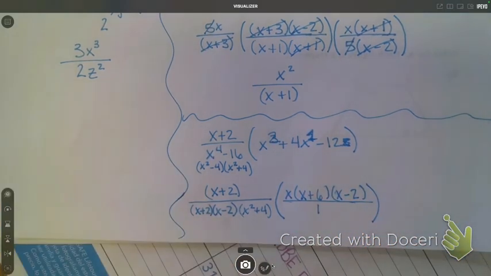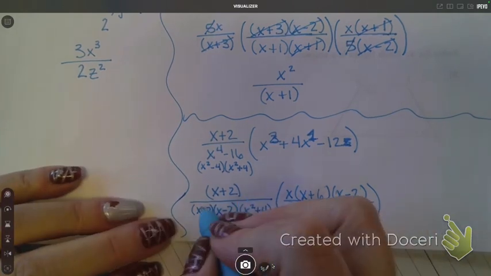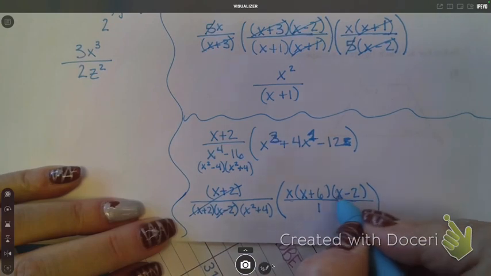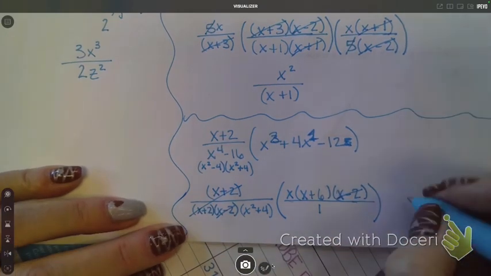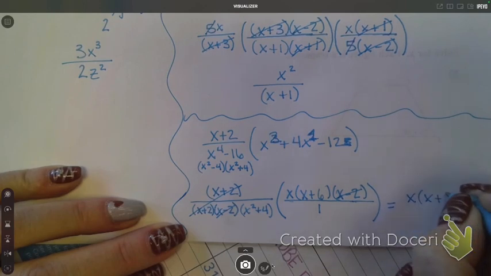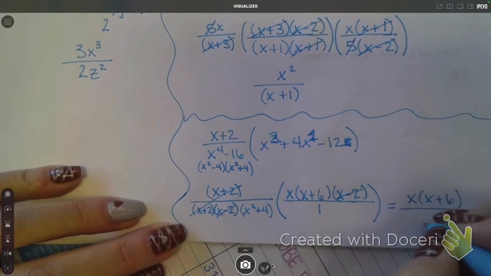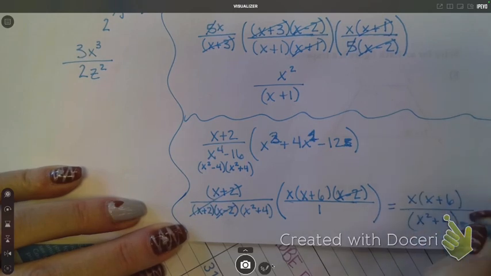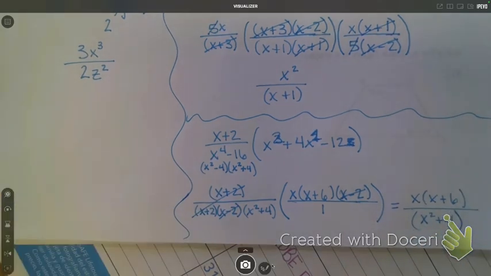And then just reduce. So you have x times x plus 6 over x squared plus 4.